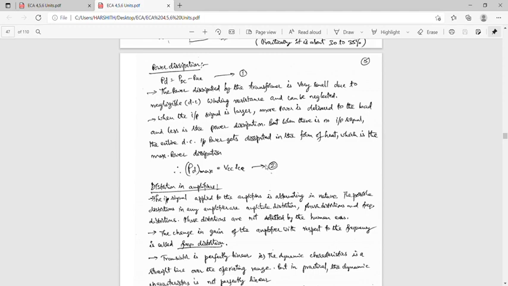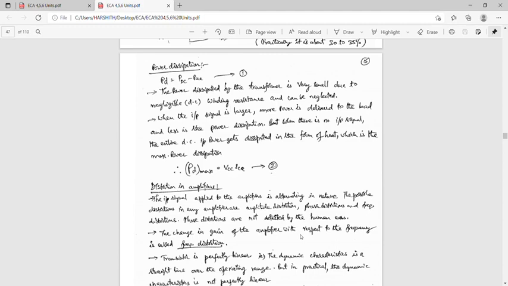Class A amplifiers dissipate the least power when they deliver the maximum power to the load, and the maximum power while delivering zero power to the load.